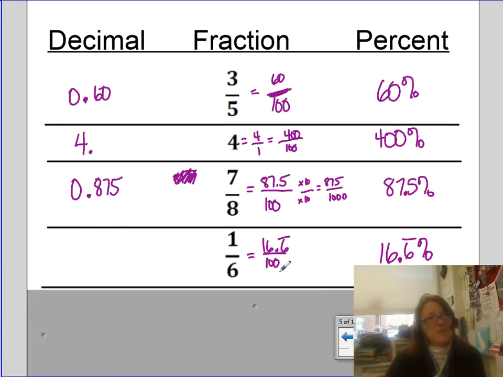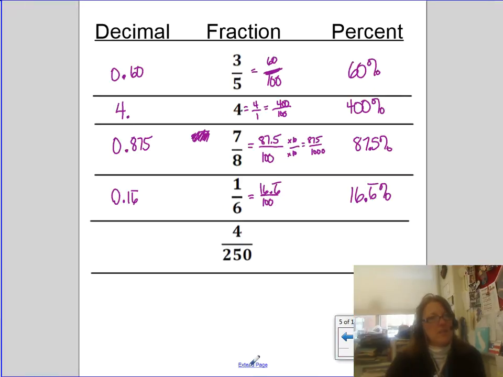Now as a decimal, this one gets a little weird. When you divide it on your calculator, you get 0.166666666. It keeps going. Just put that repeating bar over the 6. All right, let's take a look at the last one that I have here. 4 over 250.